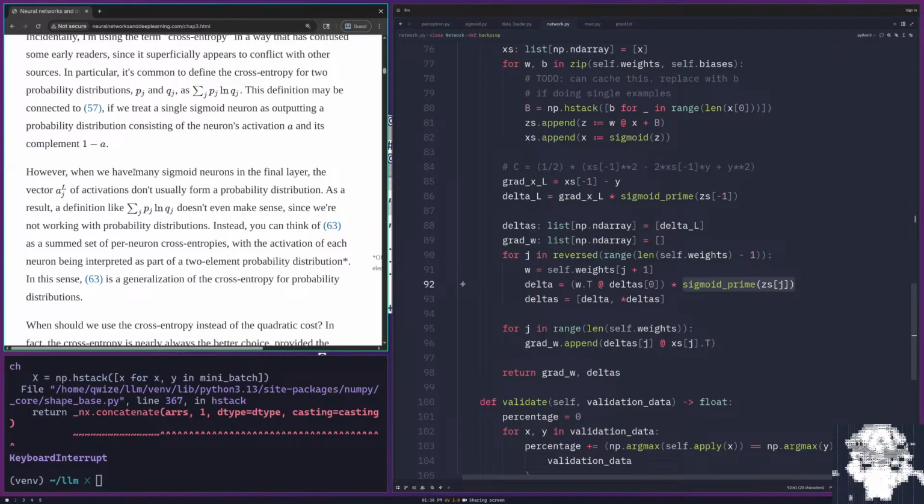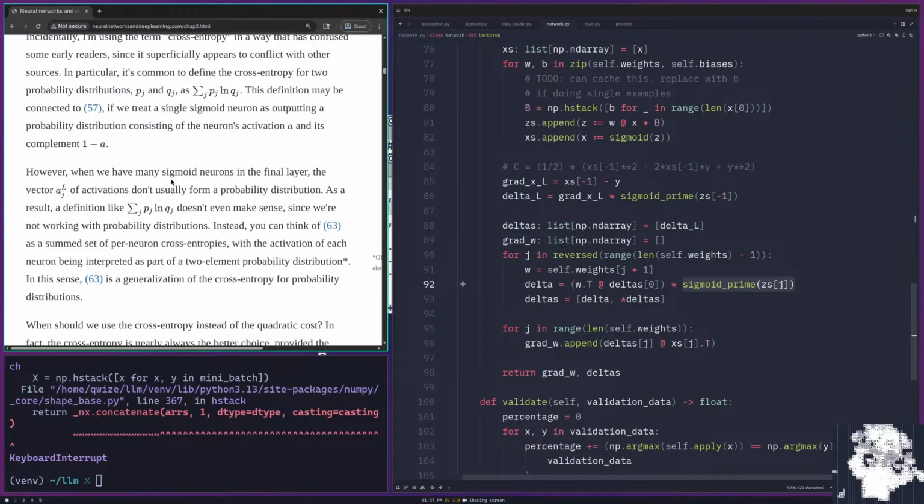However, when we have many sigmoid neurons in the final layer, the vector aj of activations doesn't usually form a probability distribution. As a result, a definition like Σj pj ln qj doesn't even make sense since we're not working with a probability distribution.